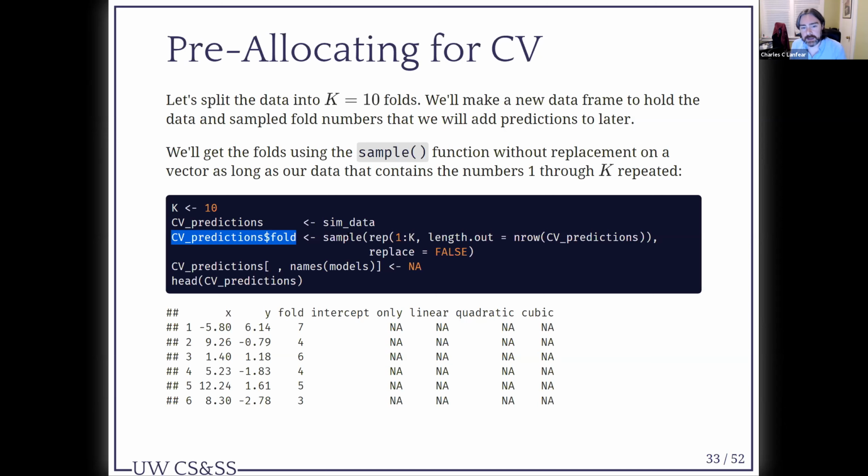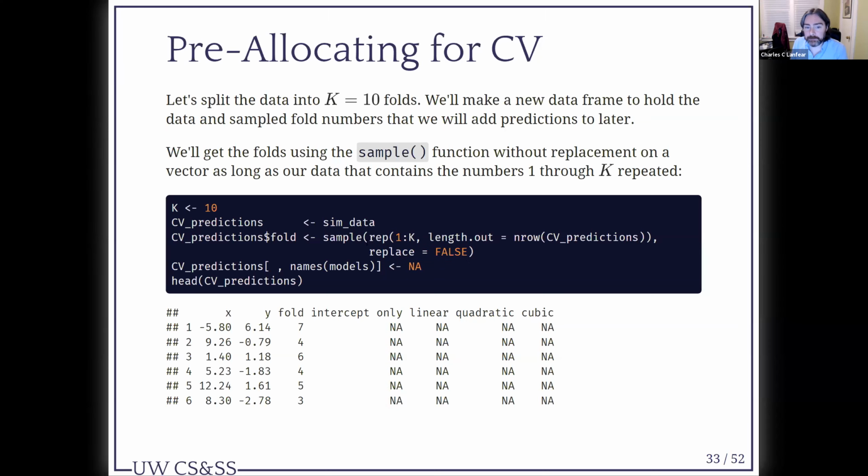This is just going to mark each row in our data set with a specific fold in our cross-validation. To do that, I'm going to sample from a vector of repeated numbers 1 through K, so 1 through 10, with a length equal to the number of rows in CV predictions, with replace equals false.